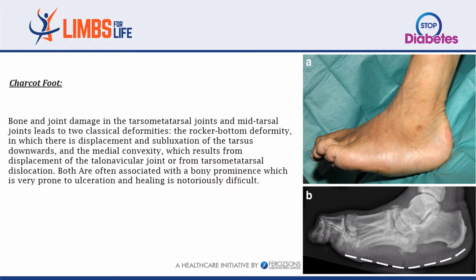The rocker bottom deformity, in which there is displacement and subluxation of the tarsus downward, and the medial convexity, which results from the displacement of the talonavicular joint, are from tarso-metatarsal dislocation. Both are often with a bony prominence, which is very prone to ulceration, and healing is notoriously difficult, as shown in the figure.